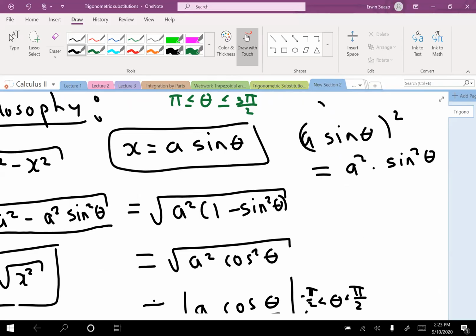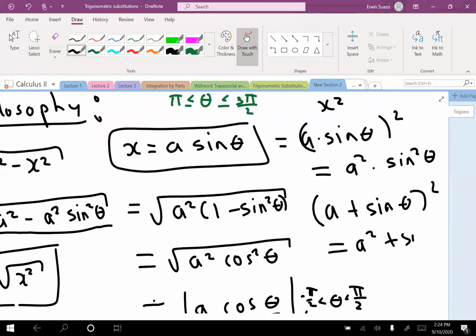And this was x squared. So you take the square on both sides and then distribute the square in multiplication. You can do it in multiplication, but you cannot do it when you add. So you cannot do a plus sine theta squared. That's not true, but this is true.